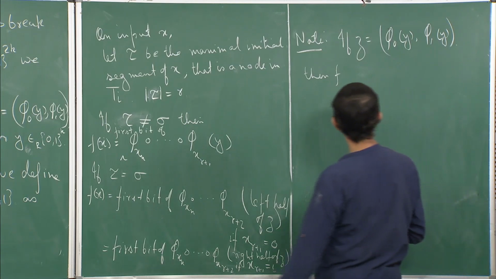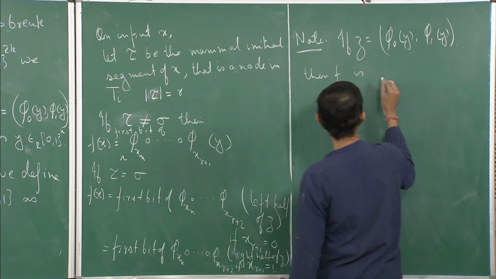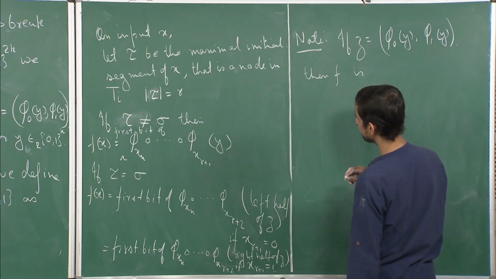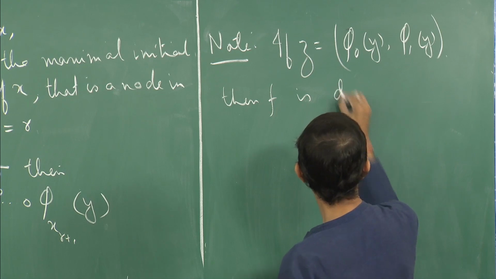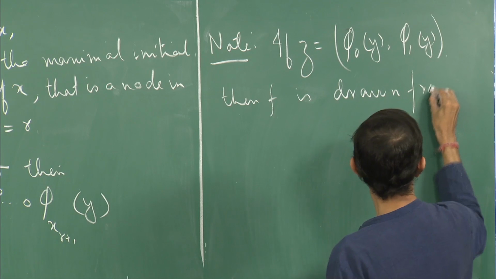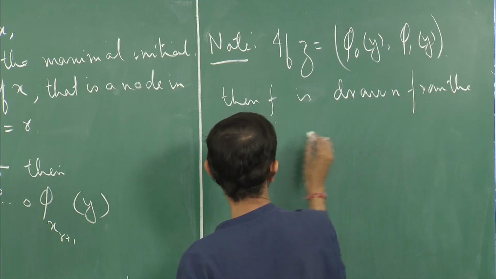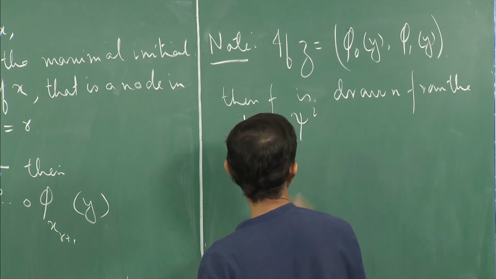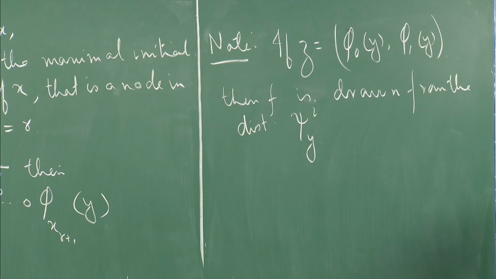So if z is this, then f is essentially drawn from the distribution psi i of y. Okay.